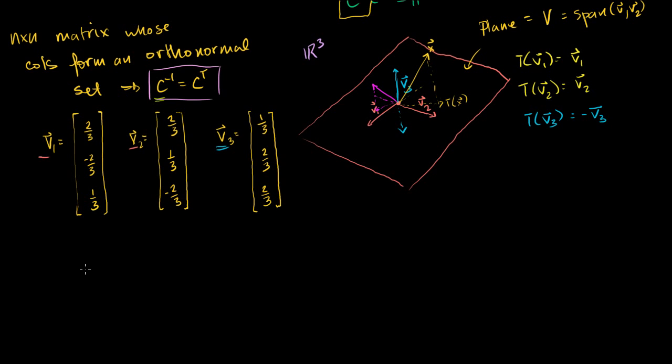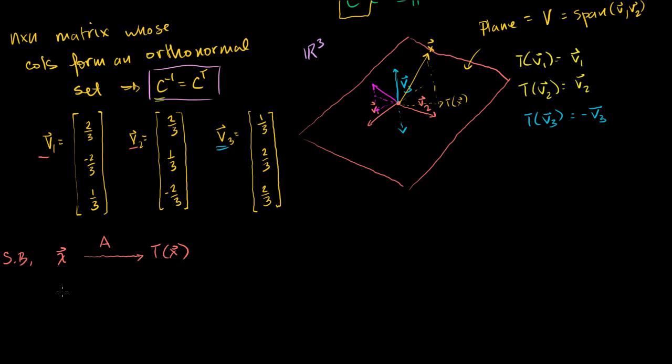So let's say this is our standard basis. In our standard basis, we would multiply x by some matrix A to get the transformation of x. Now, we're saying that this is hard to find because it's hard to figure out what the transformation is when you apply it to your standard basis vectors.